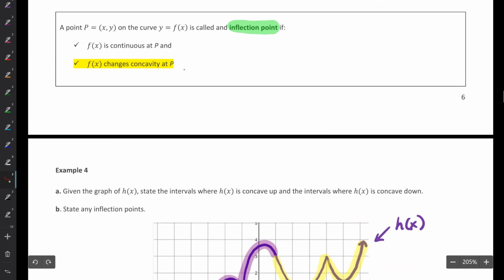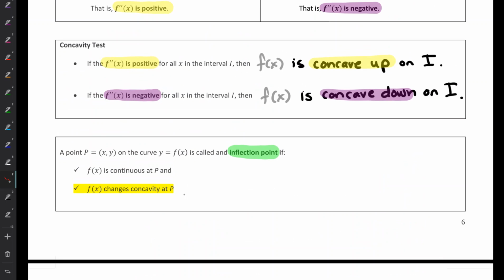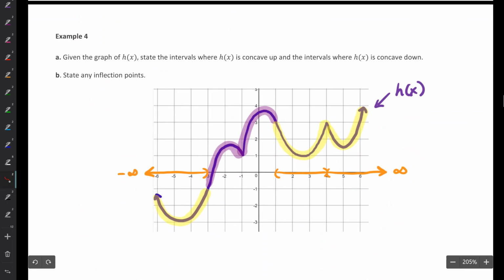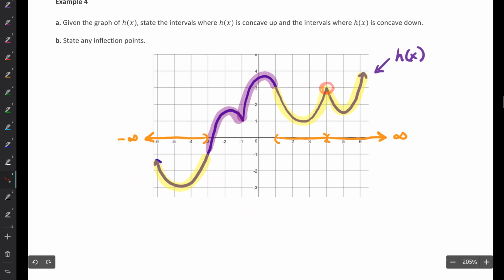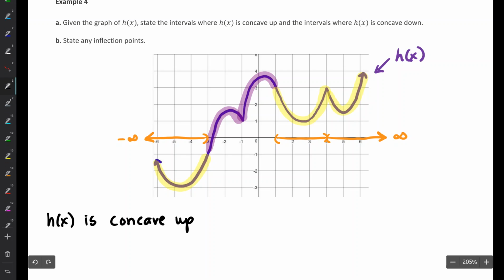Remember, the definition of concave up is that the second derivative is positive, and the second derivative doesn't exist here because the first derivative doesn't. We can write that note, but let's put in the answer first. So h is concave up on what intervals?